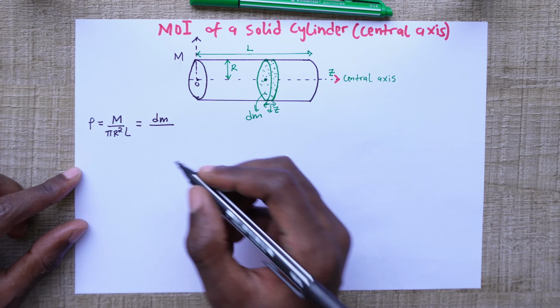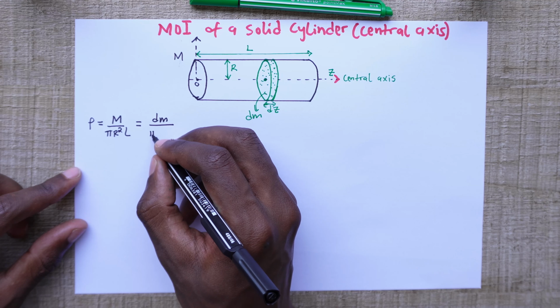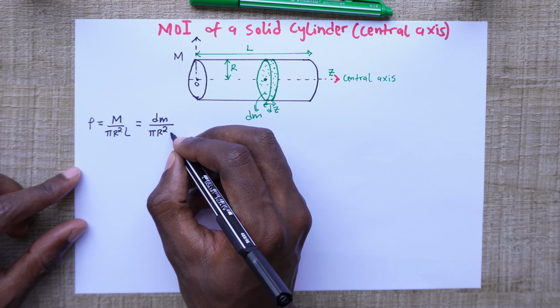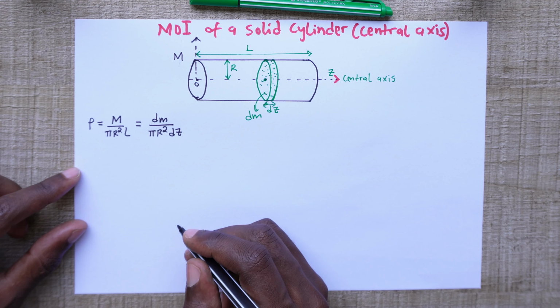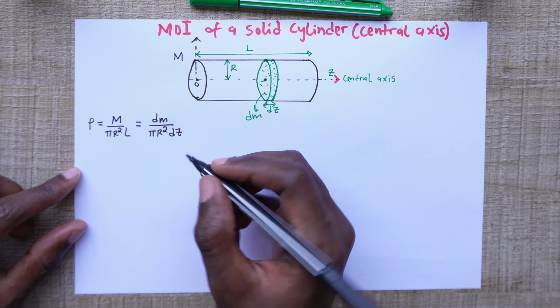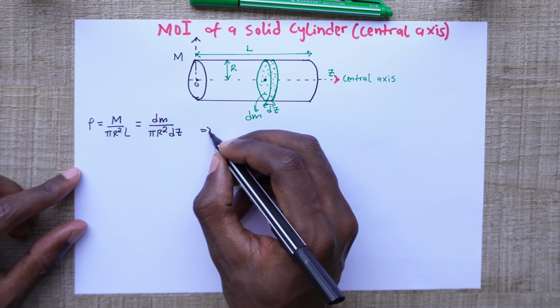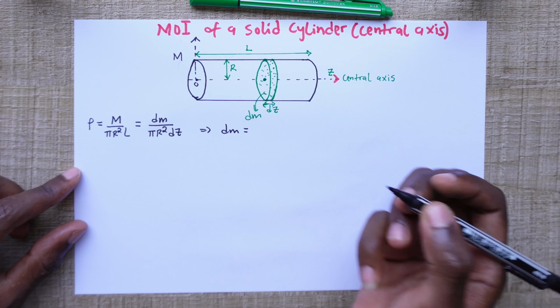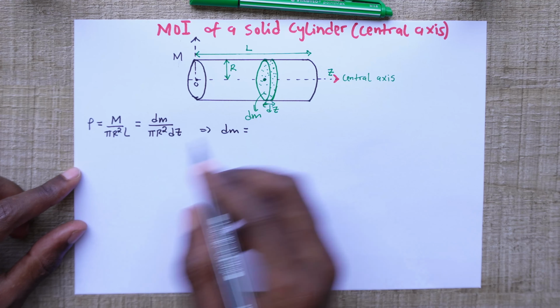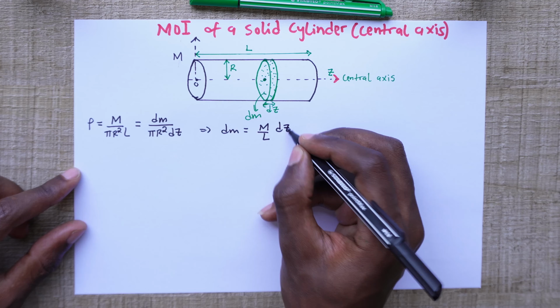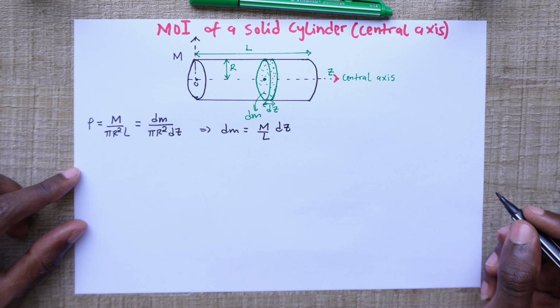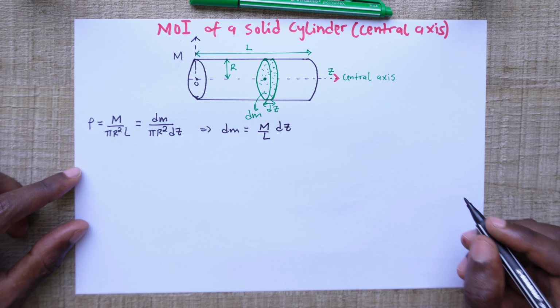In this case, the volume of the element is just going to be pi radius squared times dz. Hope you can see that. So from here we can write that dm is equal to, pi radius squared cancel, so we're going to have M over L times dz. Is that right? Yeah, I think that's right.